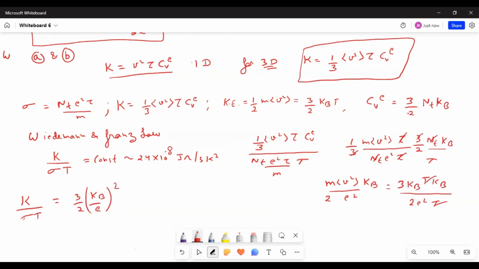So these are constants, we know the Boltzmann constant, these are also constants. If we put these values and we estimate, it will come out to be around 1.1 times 10 to the power minus 8. So the value predicted by Drude model is matching with the experimentally observed behavior. This is a success of the Drude model, that it is predicting a good fit with the experimental value.